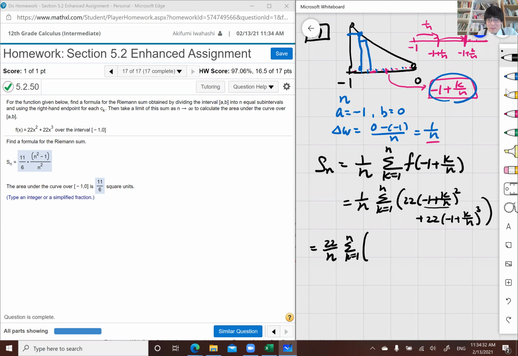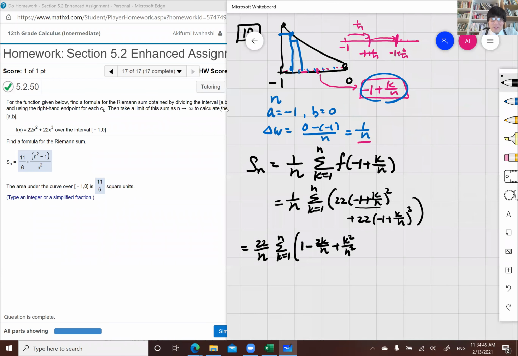So expand this one, it's going to be 1 minus 2k over n plus k square over n square. I really need a larger space here. And when you expand this one, it's going to be cube minus 3k square over n square plus 3k over n minus 1.